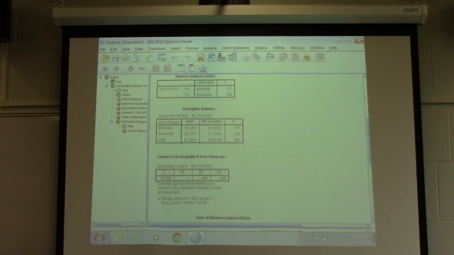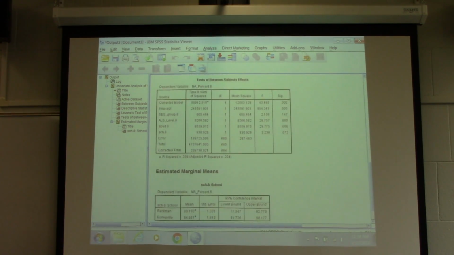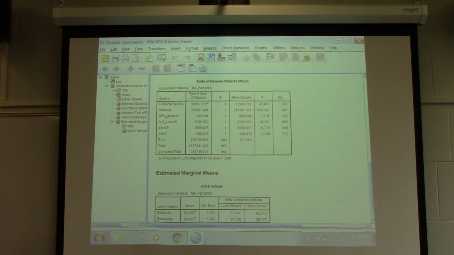So let's scroll down towards the bottom, following the overall test, and you see what's called estimated marginal means. The A stands for adjusted, which is the same thing as estimated. So after we control for our 3 covariates, now Backman's mean is an 80% correct, and Bonneville's is an 84. Only a 4-point difference instead of a 14-point difference.